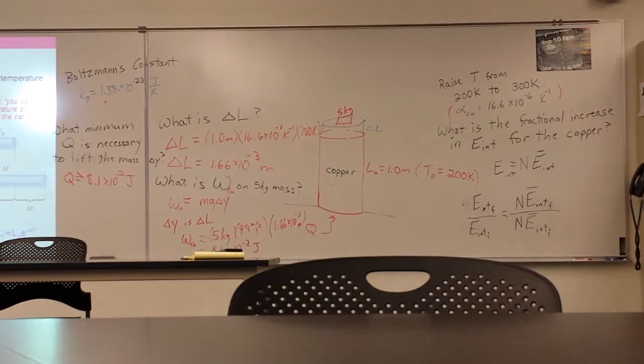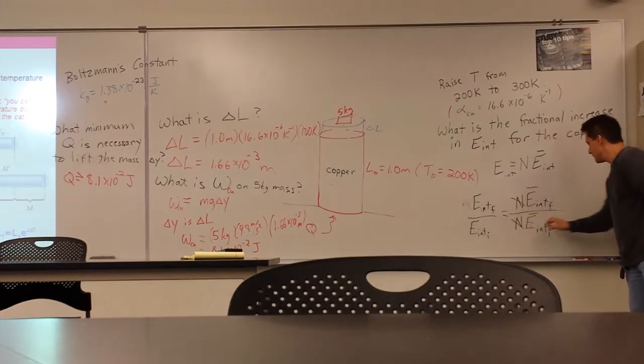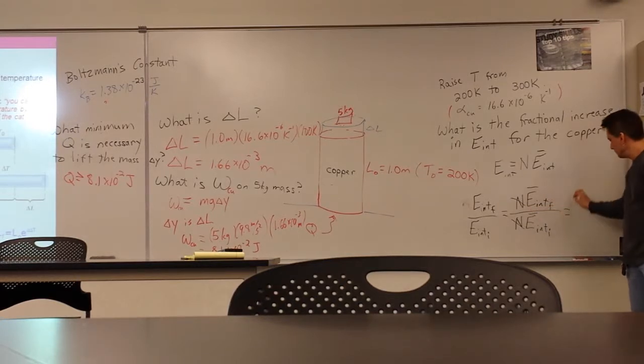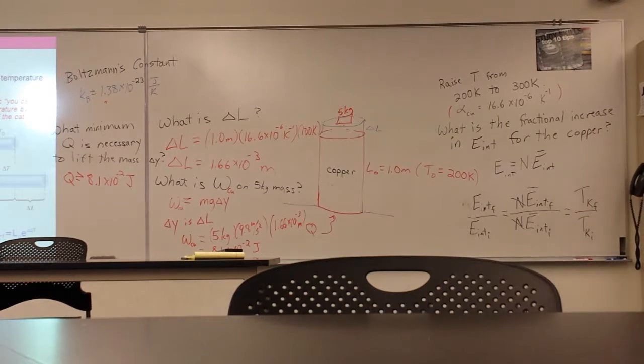I hope you see where I'm going with this. I think the number of particles can cancel out. You betcha. The average internal energy is proportional to temperature in Kelvin. So if I know the ratio of the Kelvin temperatures, at least I know fractionally how much more energy it has.